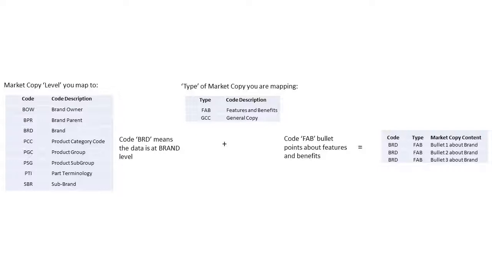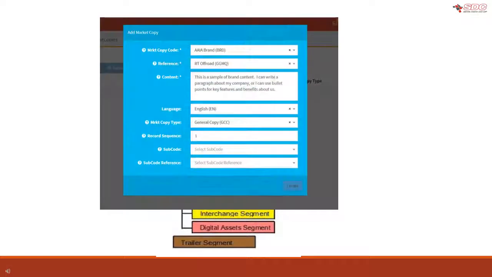And in this we send descriptive content. So we can send features and benefits, or we can send paragraphs of information about either our brand or company as mentioned. So this segment can get a little bit tricky to use, but it's actually very powerful because it's a great way to express a lot of detail efficiently, because you're not working at an item level where you may have a lot of repeating information.